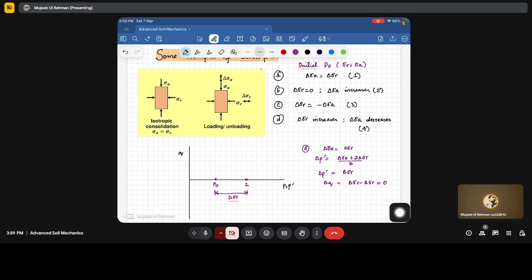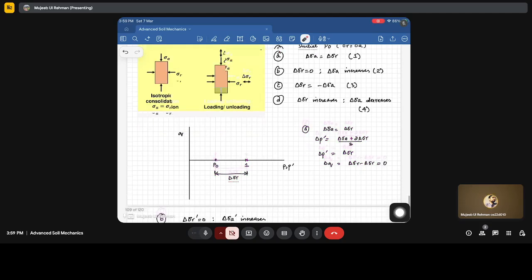Fine. Now the second state, we have delta sigma R is equal to 0. There is no change in the radial stress, and delta sigma A increases. So it means that whatever sigma R is, we are keeping it there, and we are increasing sigma A. How will it look?